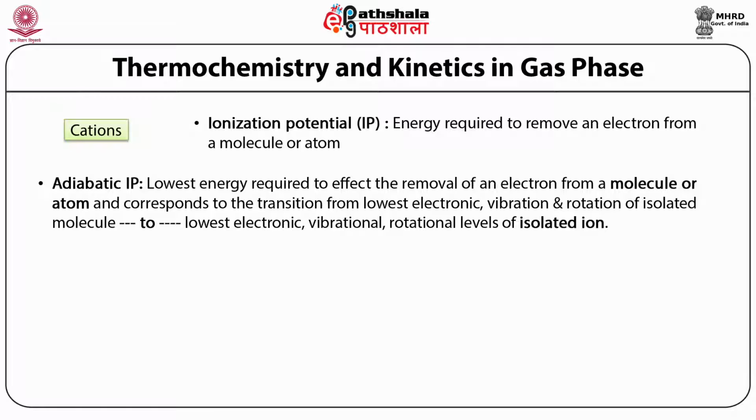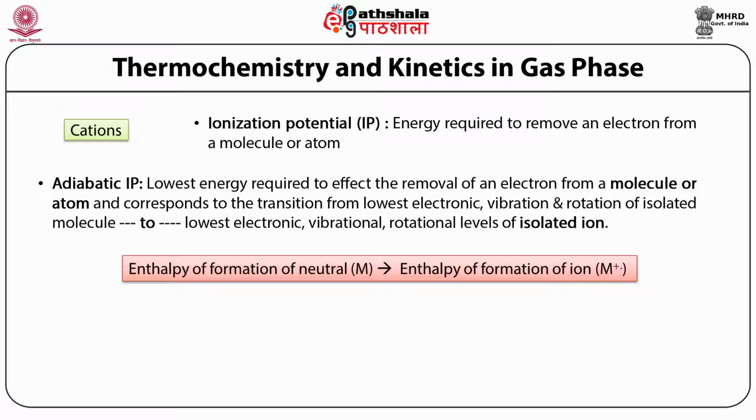Basically, the difference is between a molecule or atom and the isolated ion under the lowest vibration and rotation energies. The enthalpy of formation of a neutral molecule is compared with the enthalpy of formation of an ion, which has a charge.